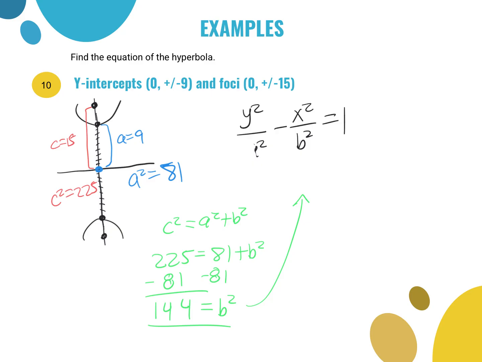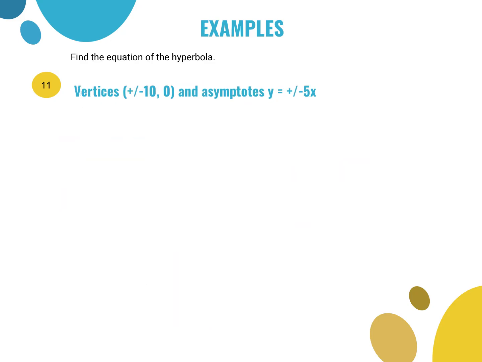I have that a squared is 81, one of the first things that we found. And then I have that b squared is 144, based on the information that we were given. So hopefully you guys are seeing it's not too bad.